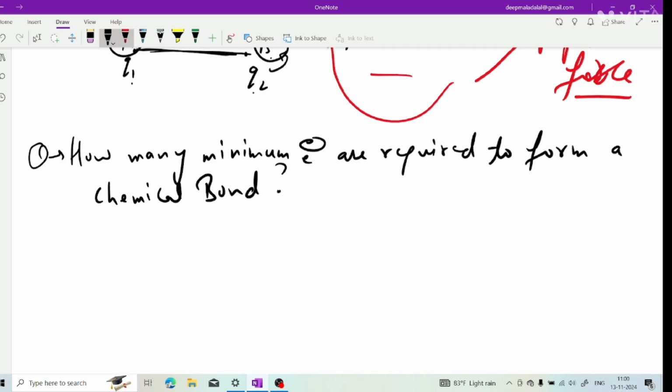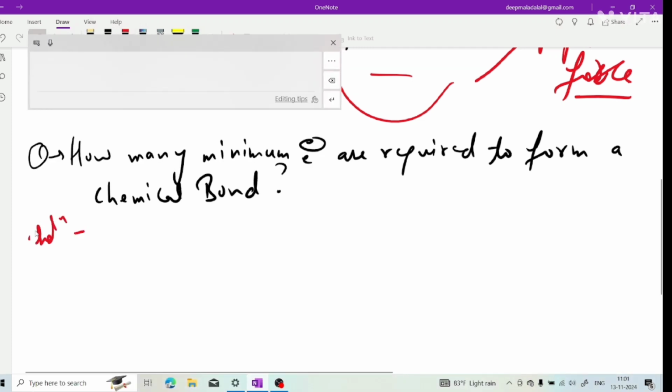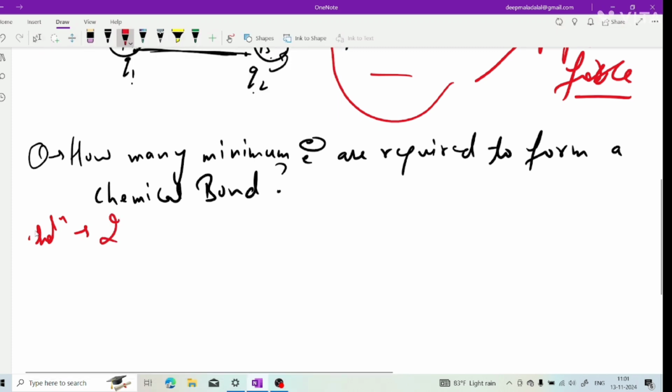Most of the students give the answer 2. That is, 2 electrons are required to form a chemical bond. But this is wrong.